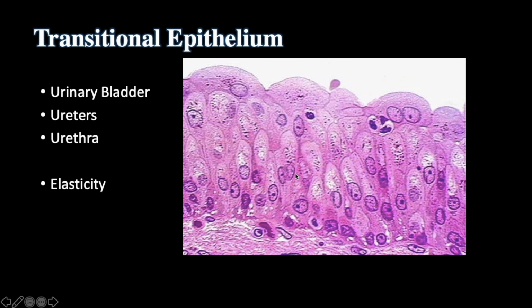So it's called transitional because the tissue does actually transition in shape, because it has to be able to take the shape of whatever is going through it, whether it's in the ureters and the urethra or in the urinary bladder. Transitional. This is the only one that looks like this.